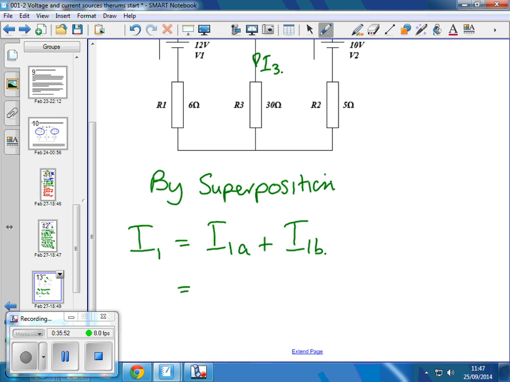What was I1A? 1.17 amps. And what was I1B?